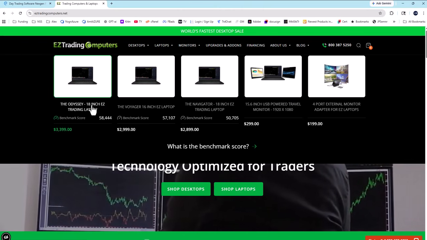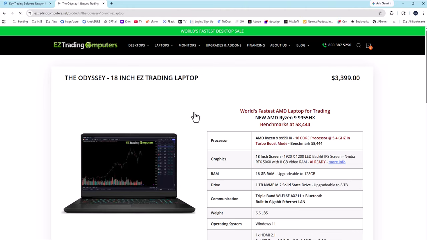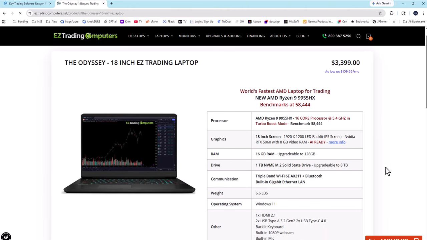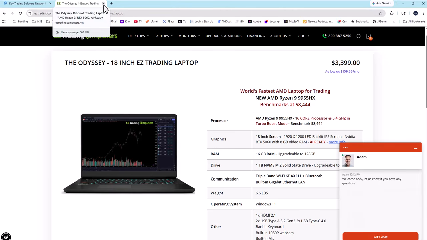I've got pretty much this one for all intents and purposes. I got the prior version, but it's freaking awesome. It literally is a desktop replacement, and they're so fast. You don't even need all this speed anymore, Carl. It's just a waste of money, to be honest.